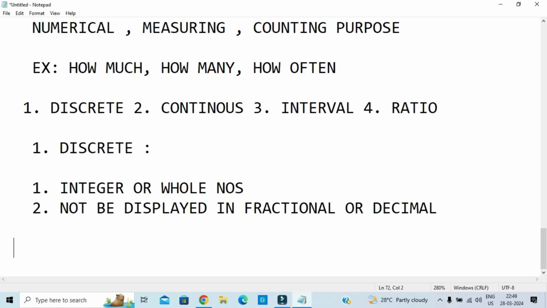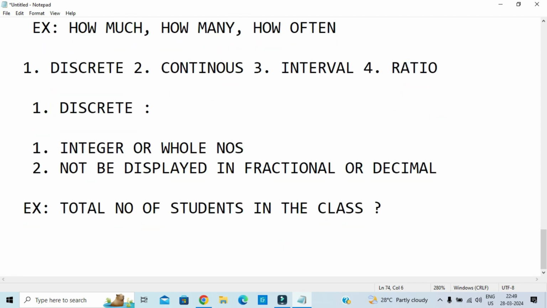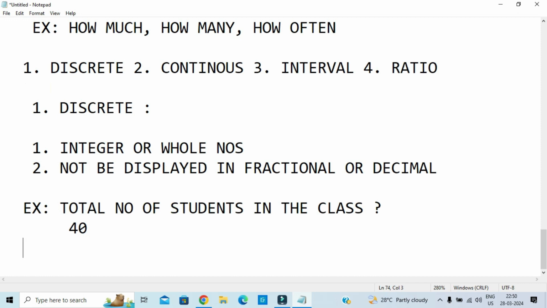Let's see an example to clearly know what discrete is. Suppose someone asks you what's the total number of students in the class. You reply it's 40 or 50. This is how we represent discrete data.